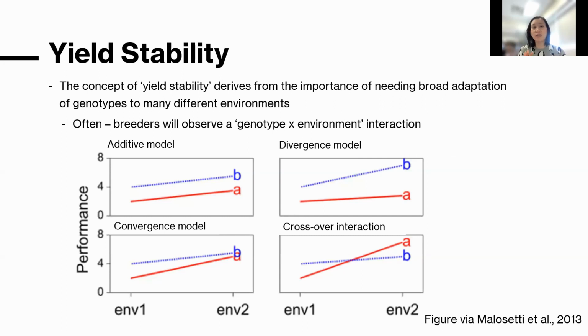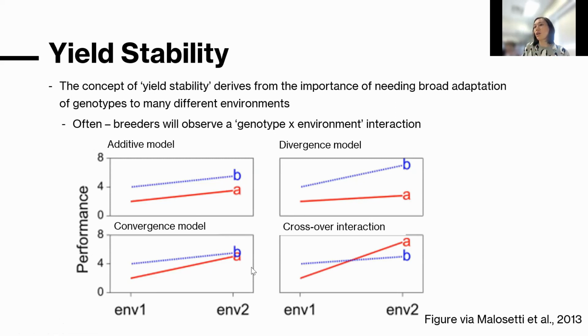And so there are different models that breeders use to look at how stable a line is. If we have here the performance, whether that be seed mass or protein or yield, and then you have two different environments and two different genotypes, sometimes depending on the environment, the genotypes will react differently.